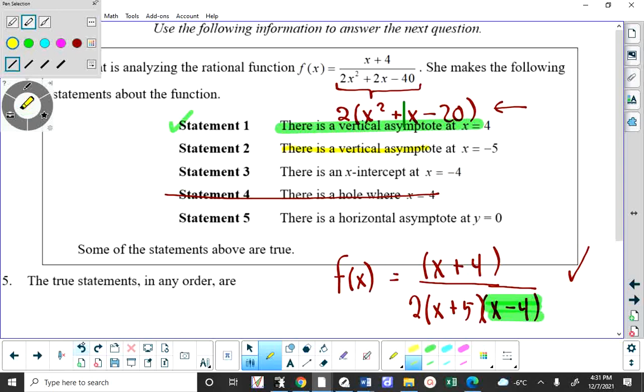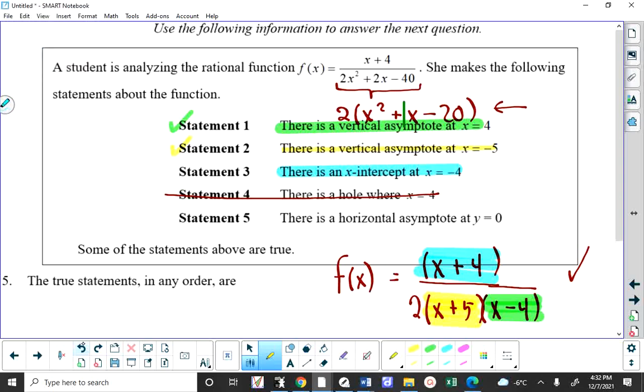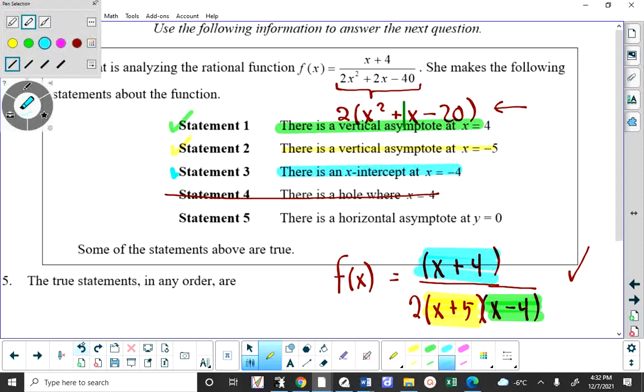Well, that's true for the same reason that we had one at x equals 4. It's true because we have an x plus 5 in the denominator, and the 0 of x plus 5 is negative 5. There's an x-intercept of negative 4. Well, that happens to be true because we have a lone factor in the numerator of x plus 4, and the 0 of x plus 4 is negative 4. So statement 3 is true.